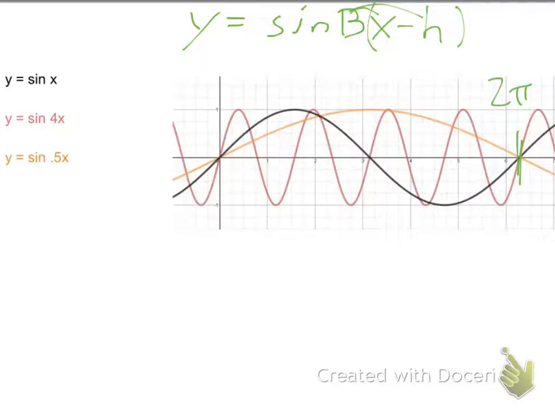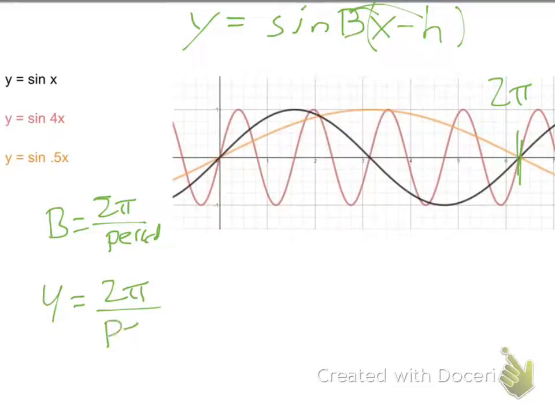So wait a minute. Let's take a look at this. We said the period coefficient, so B, is equal to 2 pi over the period. Right? That's the formula from the other page. Let's plug in the stuff we know. We're looking at the equation, so you know what B is. What's B? 4. So 4 equals 2 pi over the period.